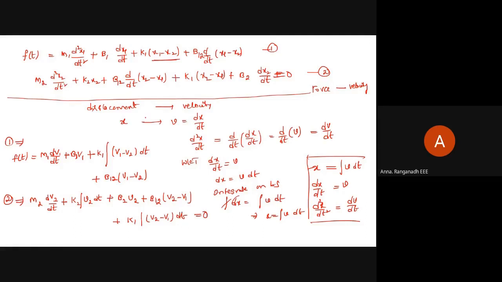This is common for any problem, whether it is force-current analogy or force-voltage analogy. These formulas are common for all. By substituting these three equations in the above two equations, the equations become as shown. Up to now, we have only written the differential equations from the free body diagrams, then converted displacement into velocity with the help of the formulas.